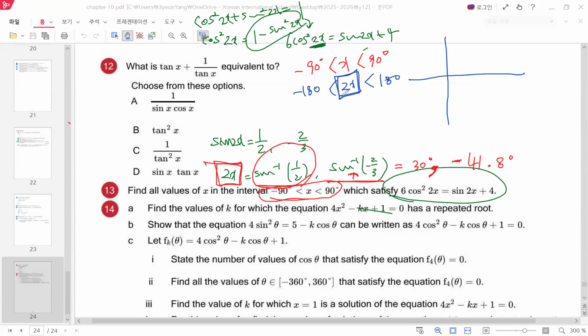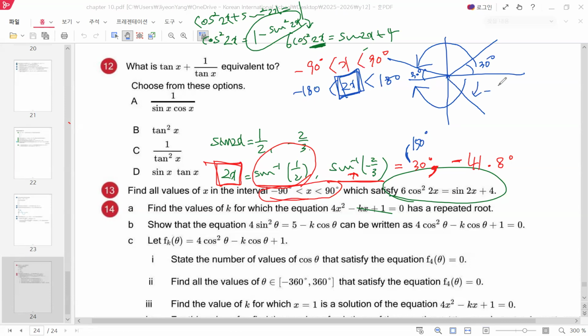So the angle range is given, the half turn in the negative direction, and half turn in the positive direction. So 30 here, and 30 positive one. Therefore, 30 and 150, can you see that?